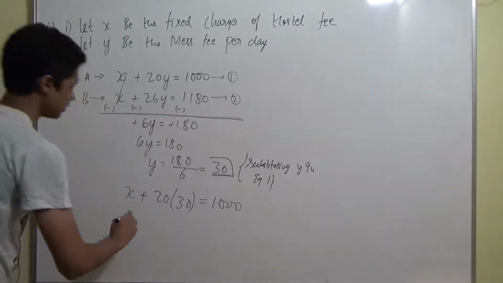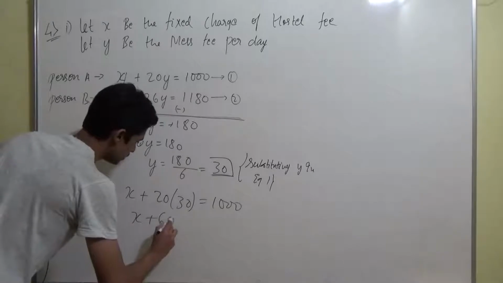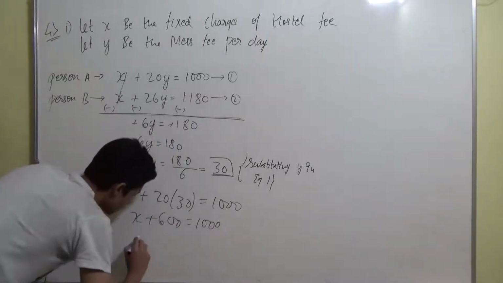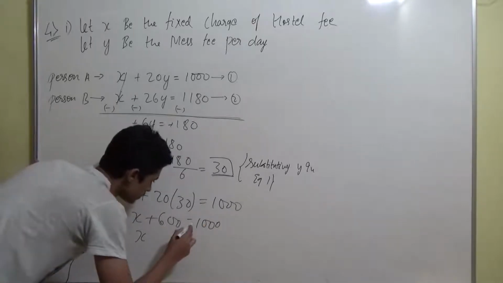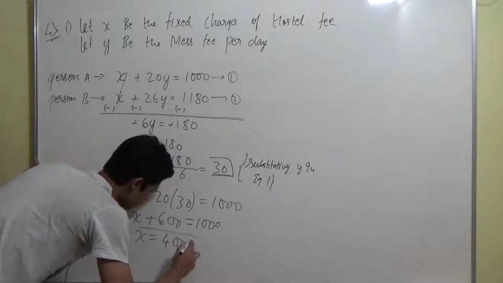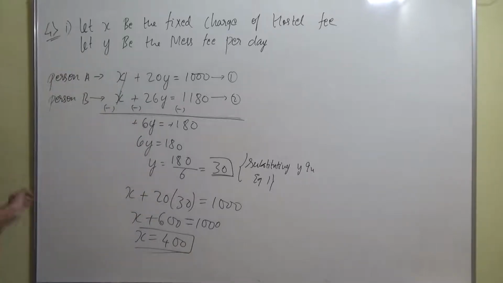Now let's do the calculation, guys. x plus this is 600 equal to 1000. So x will become equal to 1000 minus 600, that is 400. That's it, guys.